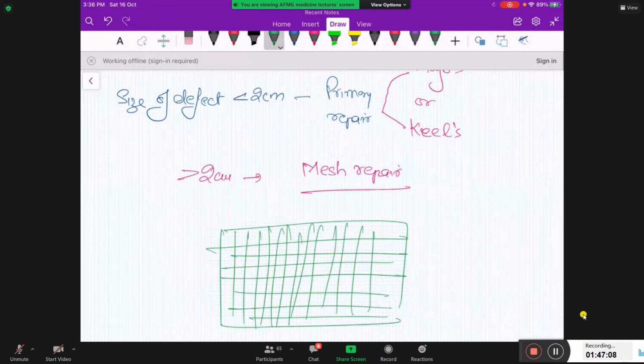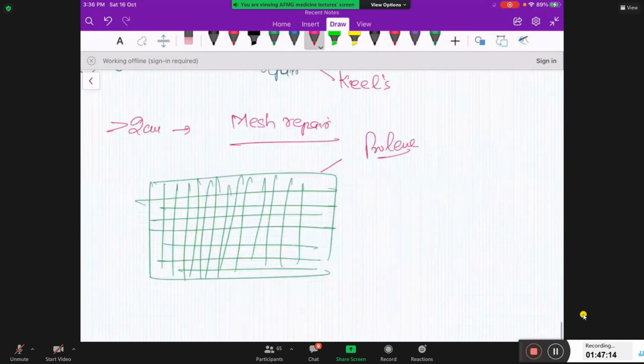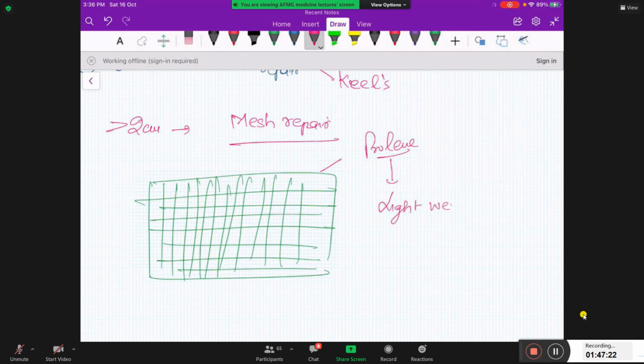Proline, because it is there to provide strength. So it is made up of proline. And very important point, nowadays, this again can be a question in exam. We use a lightweight, large pore size mesh.